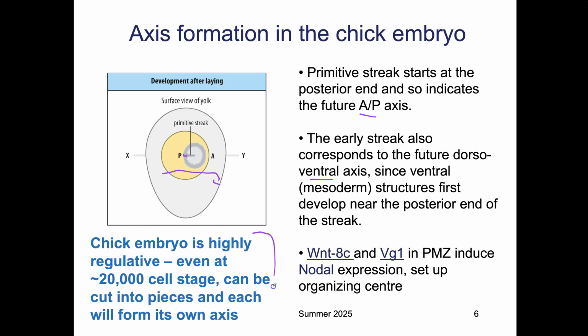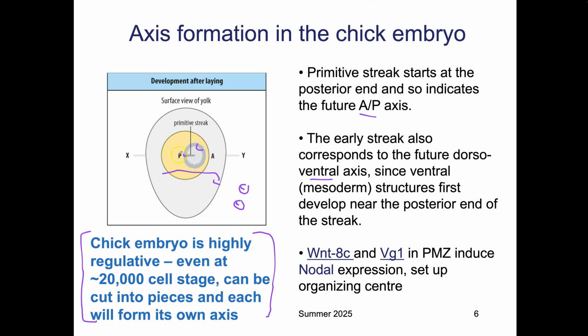Now it turns out that at this stage, even at approximately 20,000 cells, before the primitive streak has started, you can cut the embryo into little pieces, and each of the little pieces will start forming its own primitive streak and setting up its own axes.